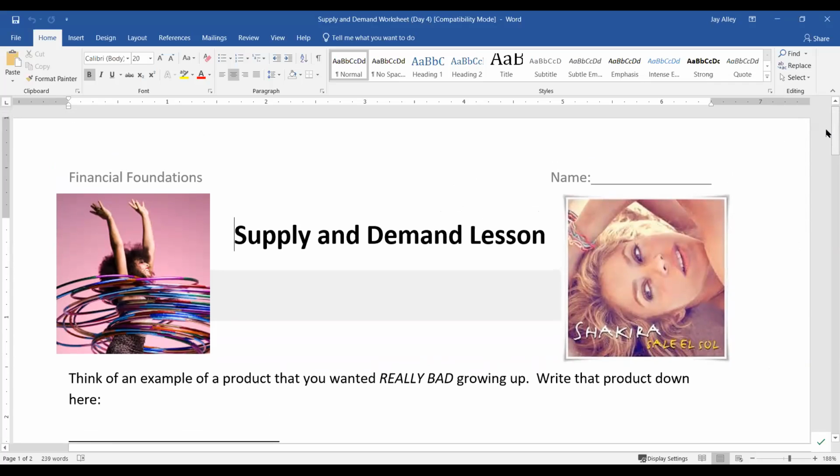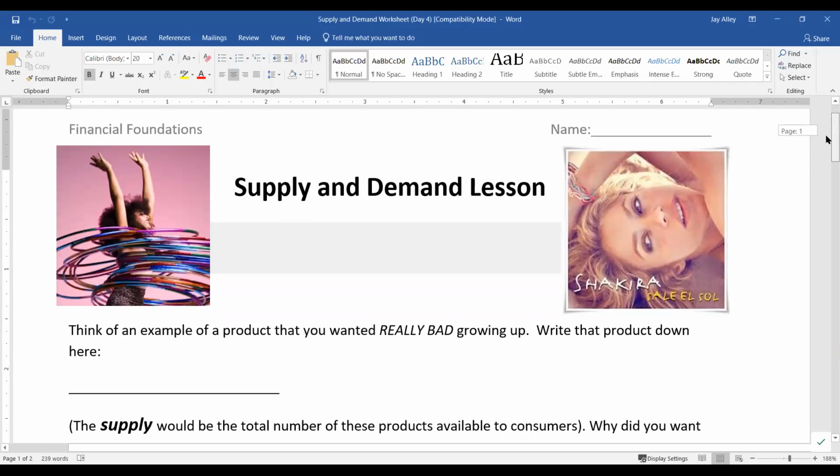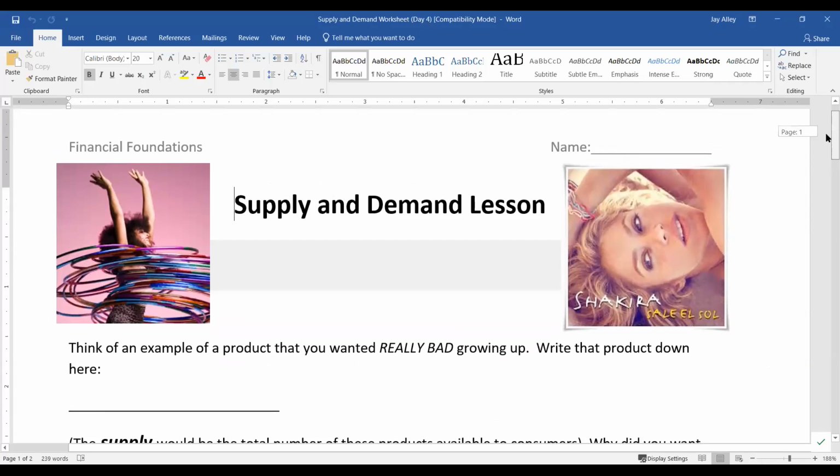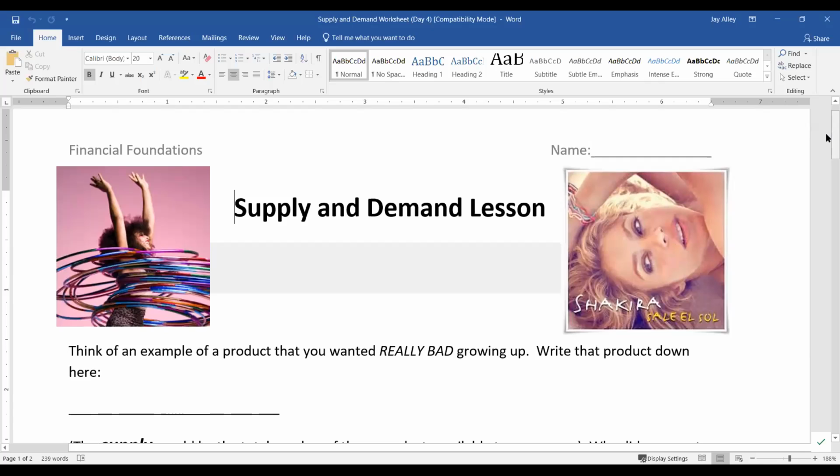I'm not into that sort of thing. But if she's wearing the silly bands, could that be a reason why lots of people wanted to go out and buy them? Possibly. Maybe, but I was in like second or third grade. Okay. So if you were only in second and third grade, you're probably begging your parents to buy them for you whenever they went to the store.